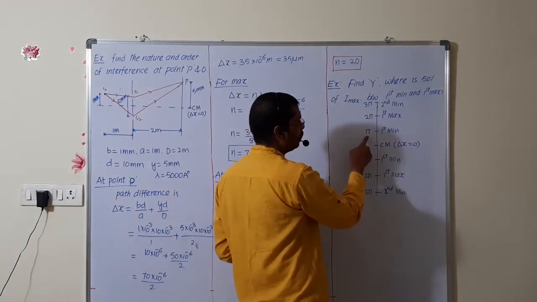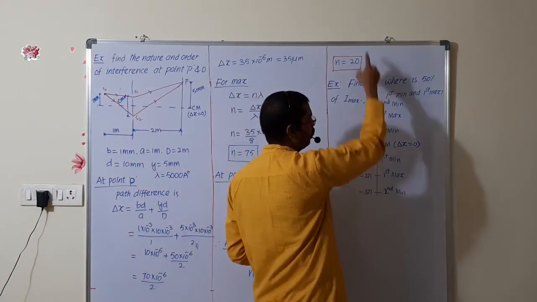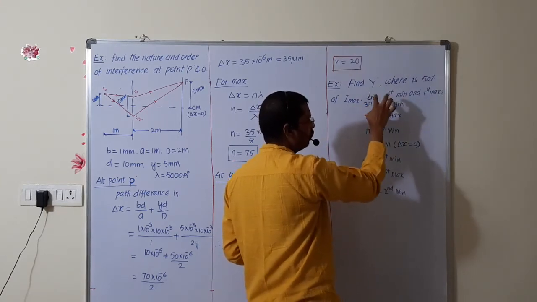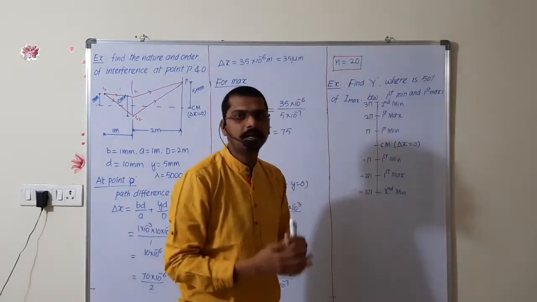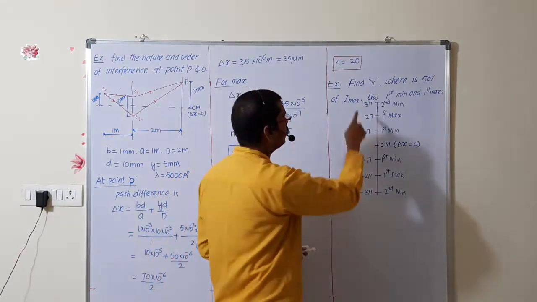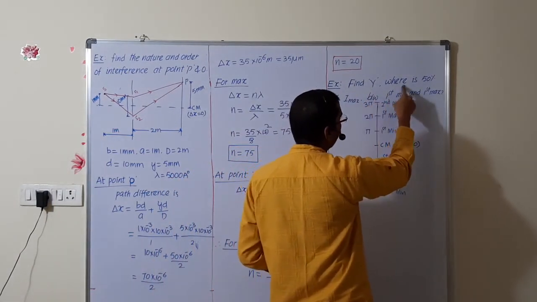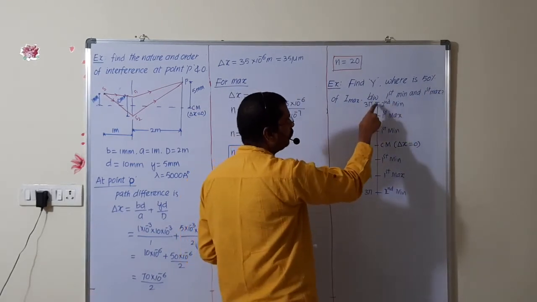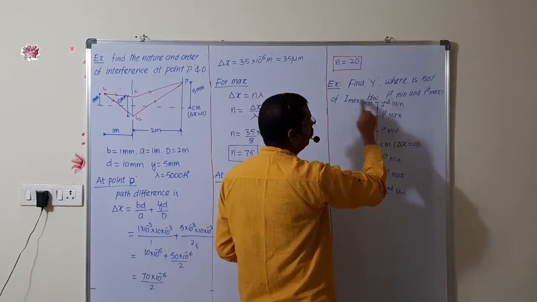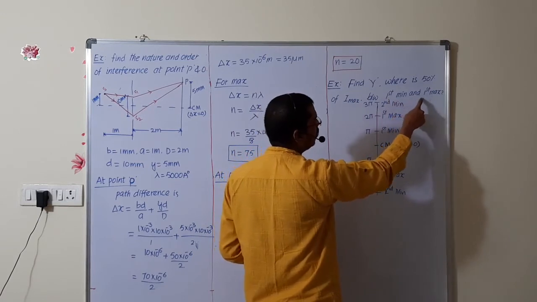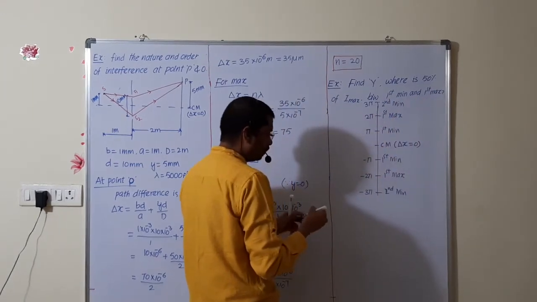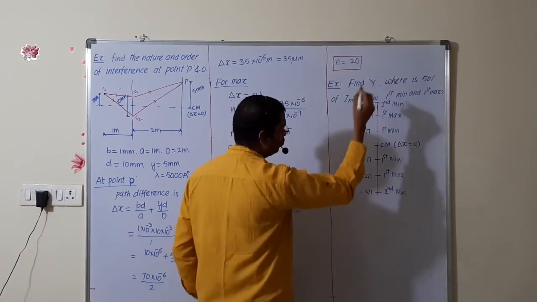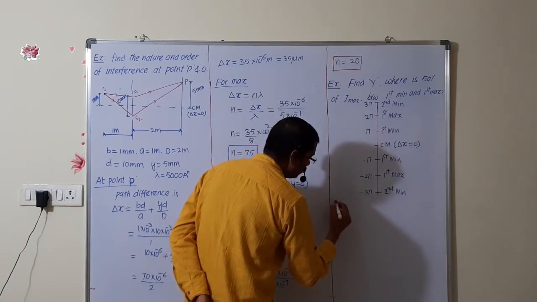According to these phase differences, we have to take the maxima and minima. Now find the y value where the intensity is 50% of I maxima, between the first minima and first maximum.